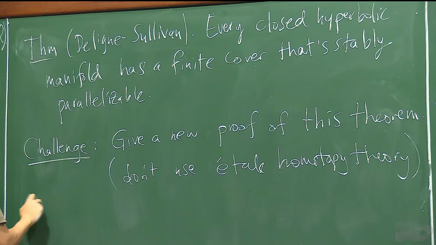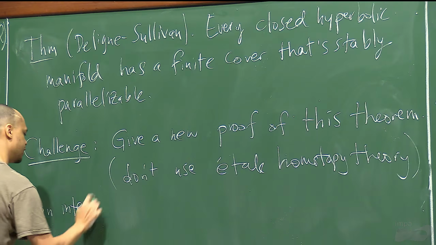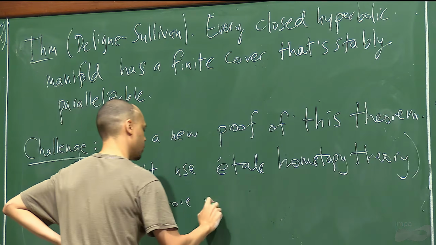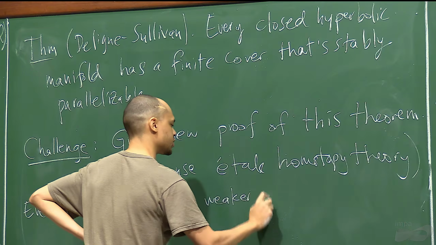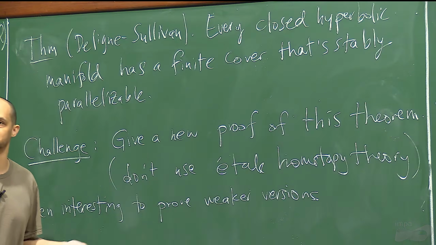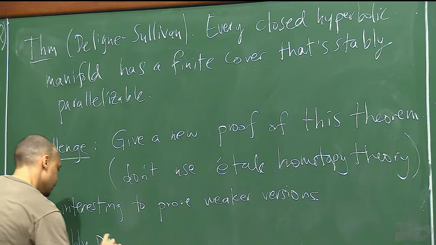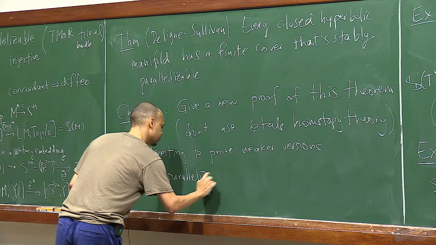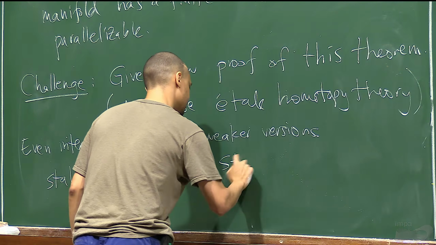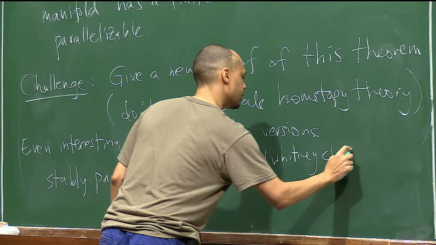It would be even interesting to prove weaker versions using things a little bit more internal to hyperbolic geometry. So for example, stably parallelizable implies that the Stiefel-Whitney classes vanish.